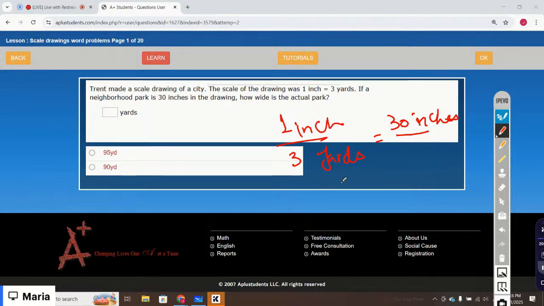So 1 times 30 is 30, so then 3 times 30 is 90 yards. The correct option is 90 yards.